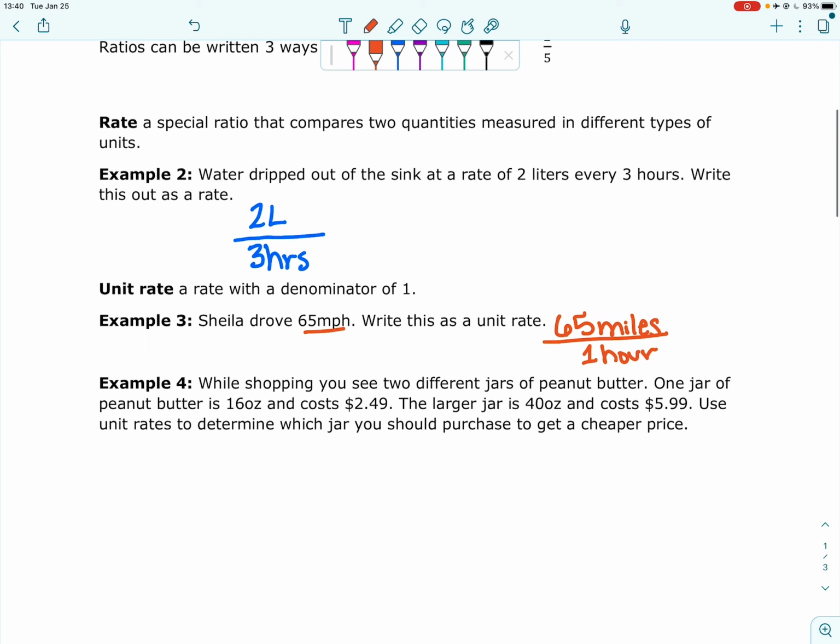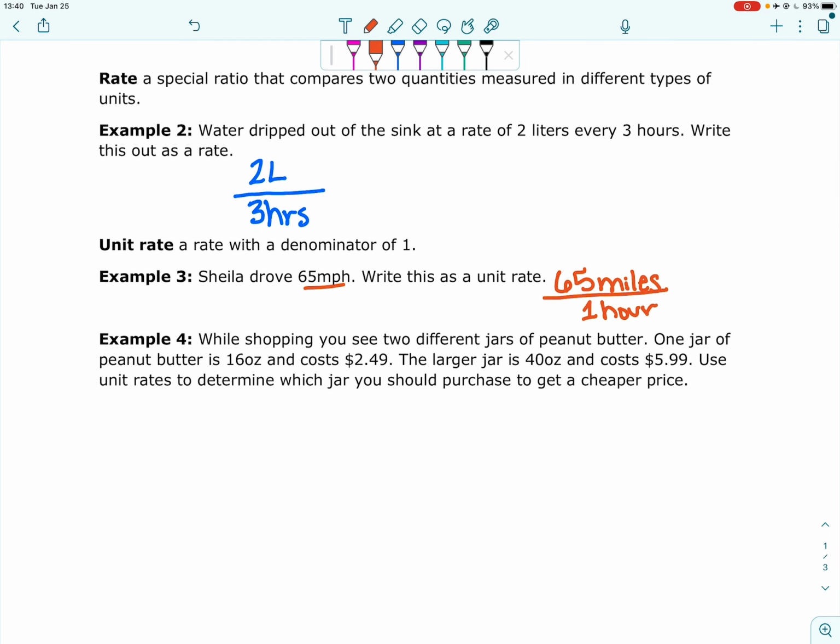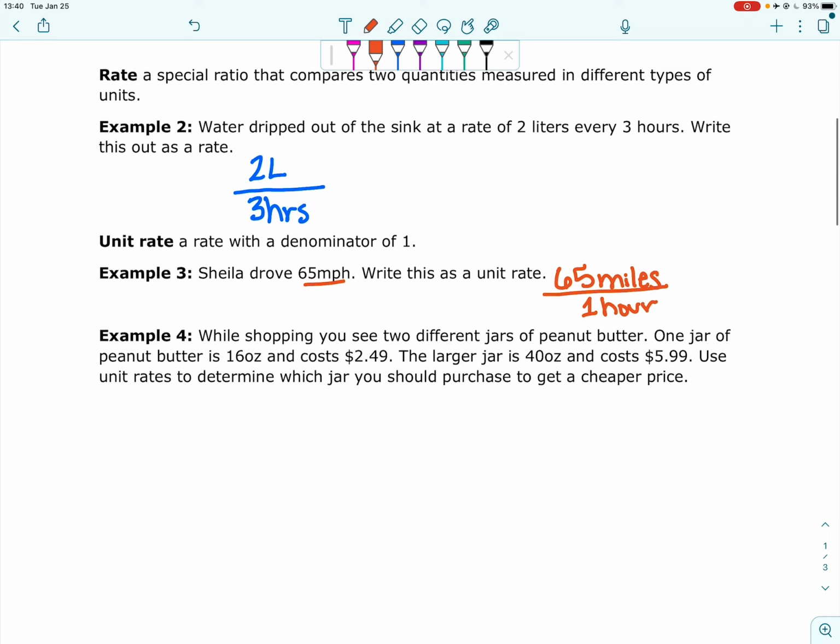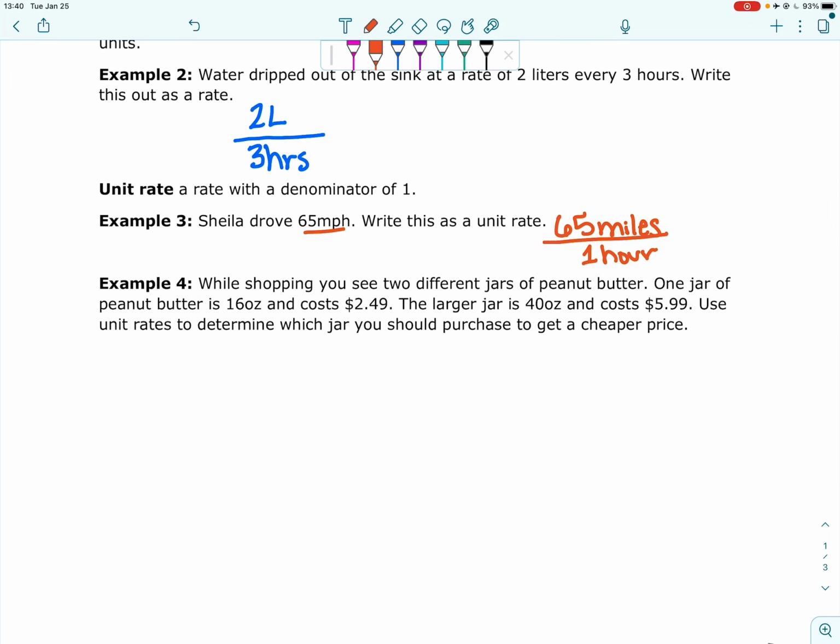We can also use unit rates in our everyday lives when we go to the grocery store or the hardware store or literally any store, anywhere where you buy things in large quantities. So in this example, we are going to look at different jars of peanut butter. 1 jar of peanut butter gives us 16 ounces, and it's going to cost $2.49 for that jar.